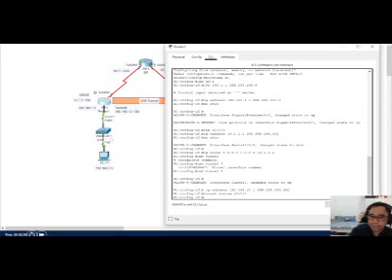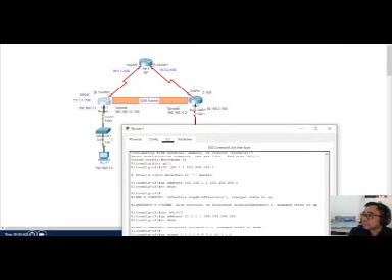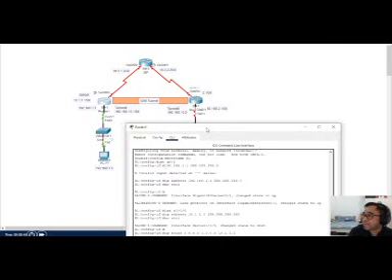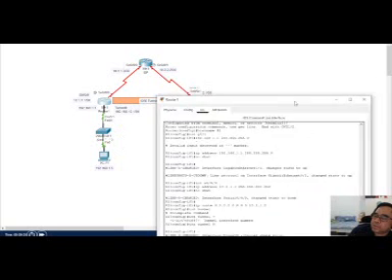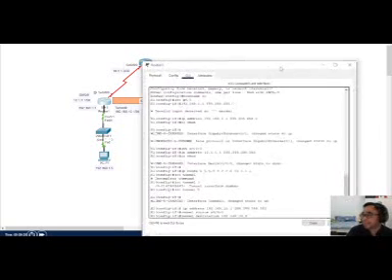Okay, and the tunnel destination. Wait, no. We have to put this one.